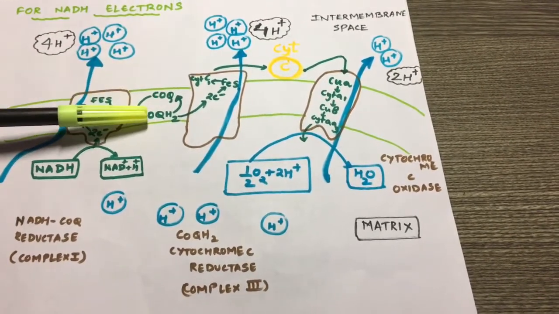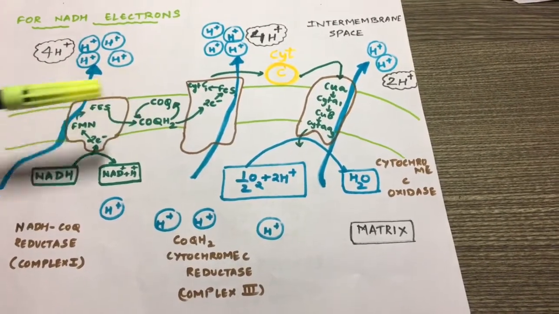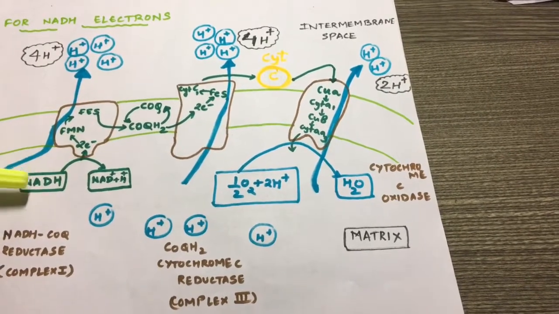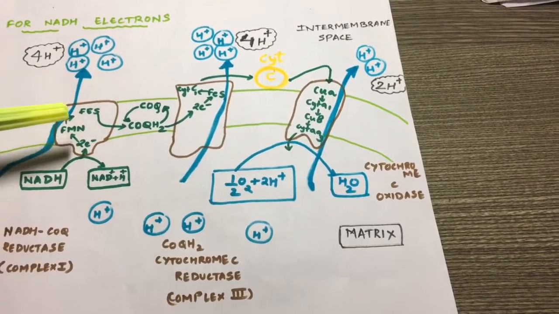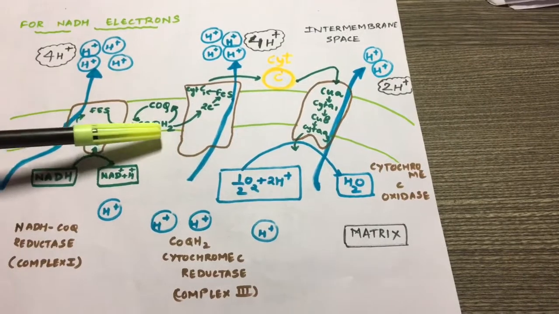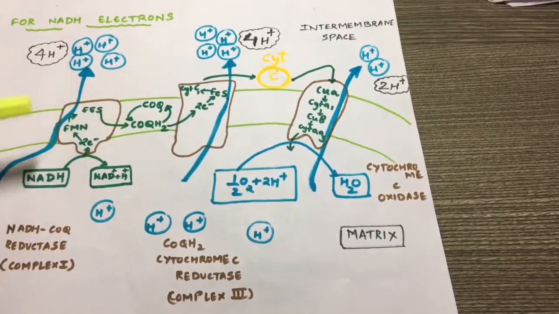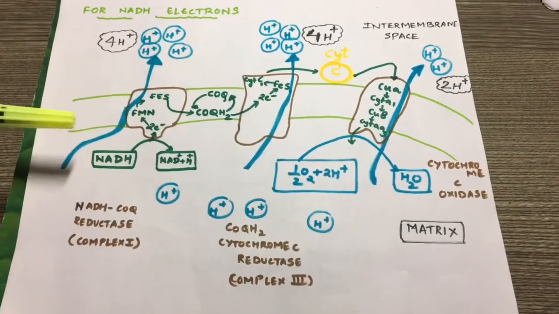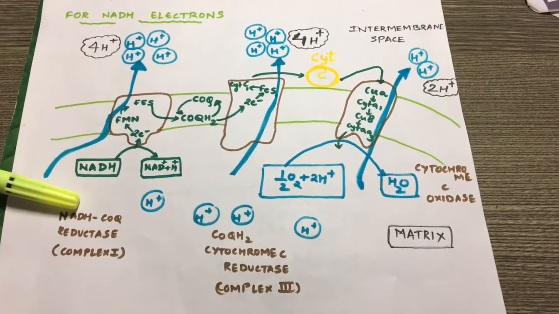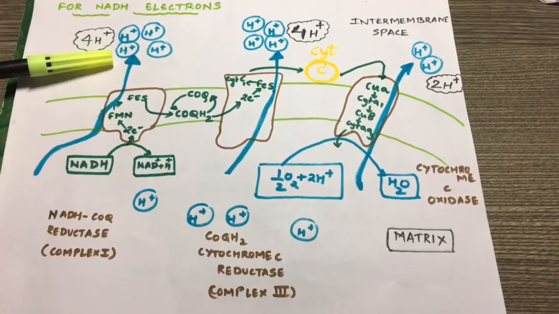That is QH2. Further, when there is a transfer of electrons from complex 1 to QH2, that is ubiquinol, there will be a pumping of 4 protons from the matrix to the intermembrane space.